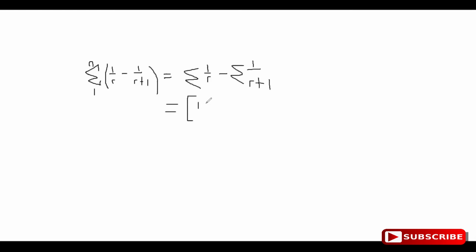We get 1 plus, we plug in 2, we get a half, we plug in 3, we get a third, and we continue until we plug in n to get 1 over n.